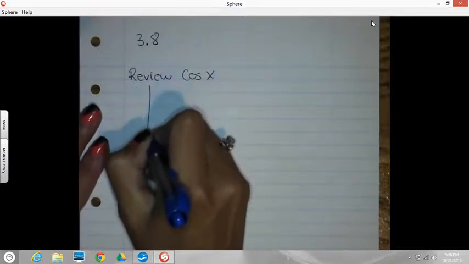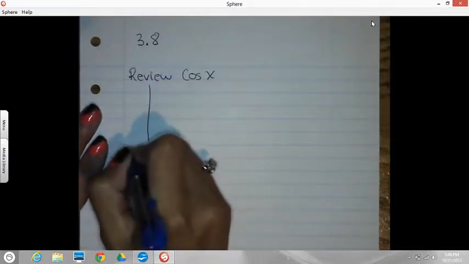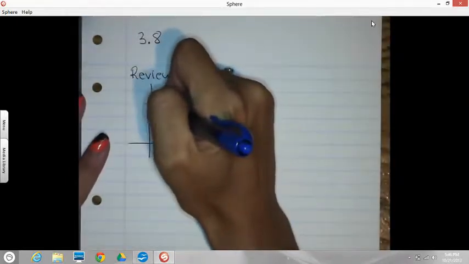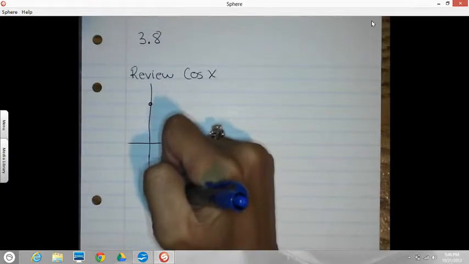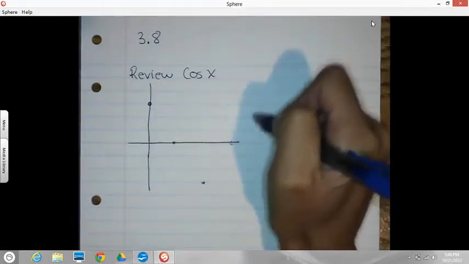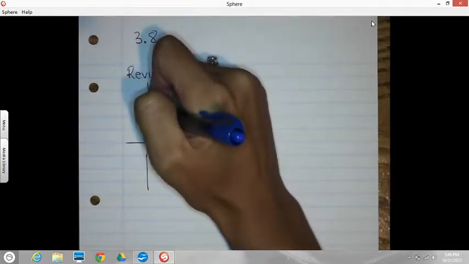And if you remember, back about almost this time last year when you were in trig, we were graphing all those trig functions. And if you remember, cosine started at its max, crossed the axis, went down to its min, crossed the axis, finished at its max, and then it just kept repeating itself.